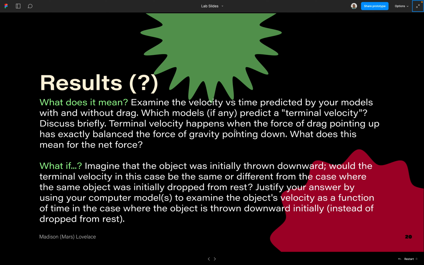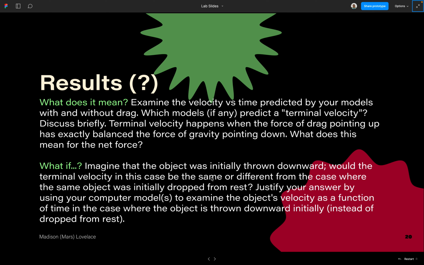So all of the models could predict a terminal velocity, that's the highest velocity before it goes down. Terminal velocity happens when the force of the drag exactly balances the force of gravity pointing down. This means the net force begins to be negative on the object.